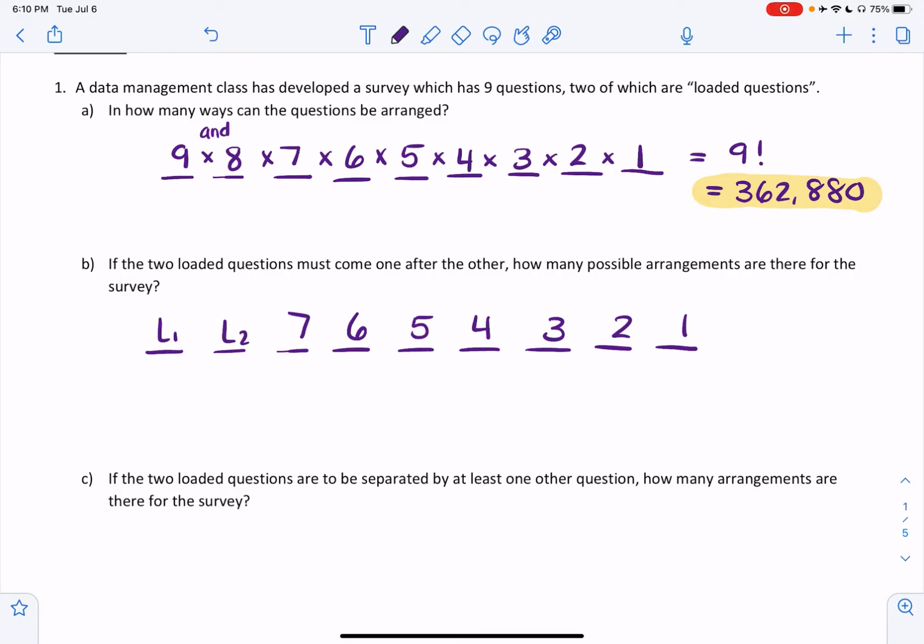Again, because I require question 1 and question 2 and question 3 and question 4, etc., I multiply, and that will equal 7 factorial. Now, I don't have to have the loaded questions right at the beginning. I could have them together in different spots.